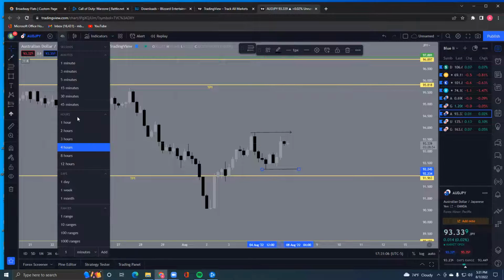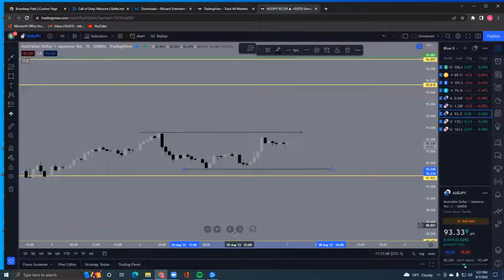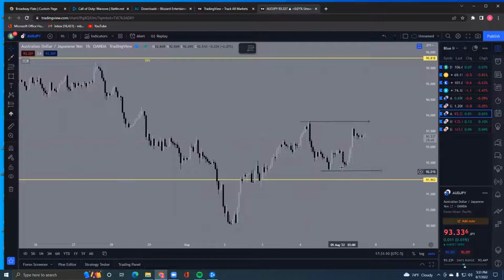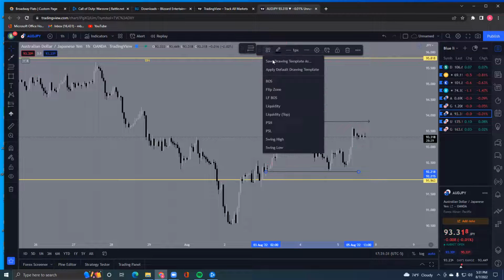That way you guys can kind of see. Boom. Right here. And it's actually around the same area where the previous swing low was. Boom. So I'm going to go ahead and mark that.